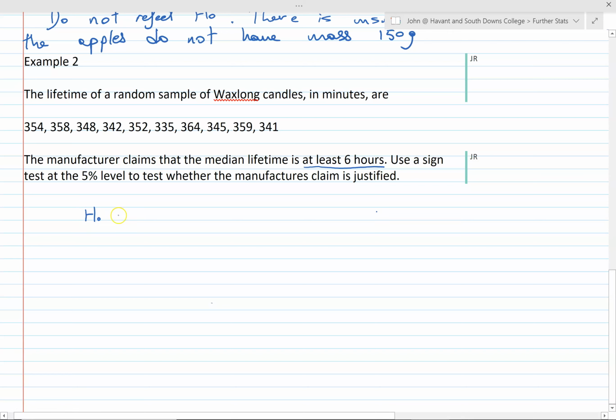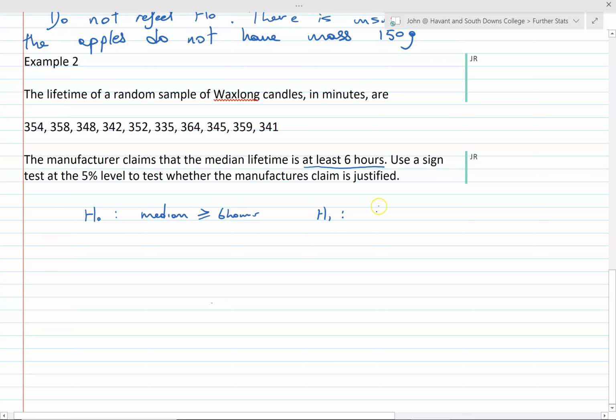You might be tempted to say H naught, because the manufacturer's claim is that the median is at least, so median is greater than or equal to 6 hours. I'm saying this is wrong, by the way.